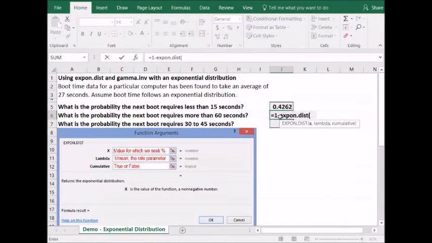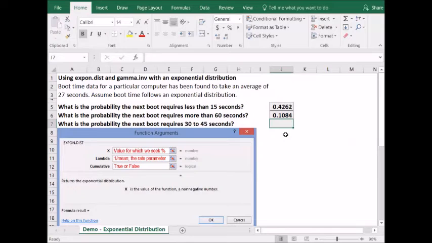And I'll solve this in the cell. My x is 60, 1 over 27 is my lambda, 1 over the mean, and then true, close parenthesis, and the answer is 10.8%, or 0.108, is the probability the next boot requires more than 60 seconds.